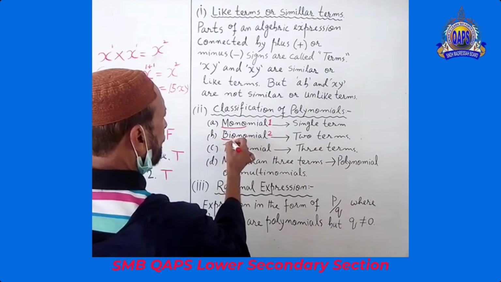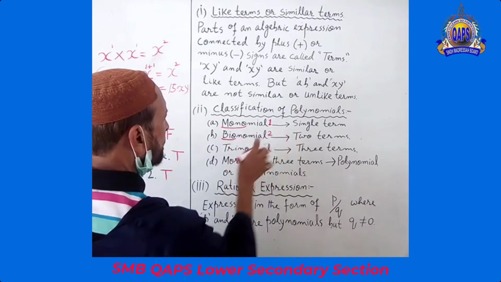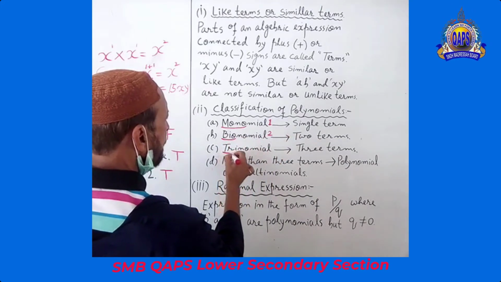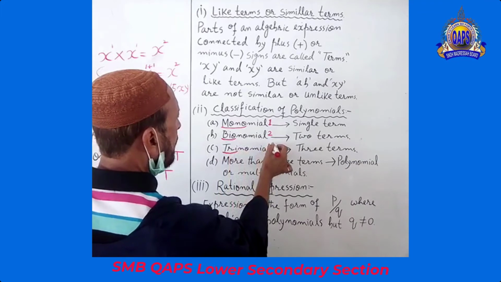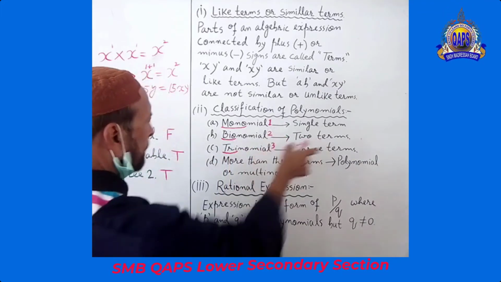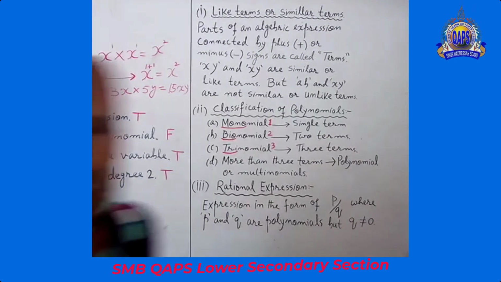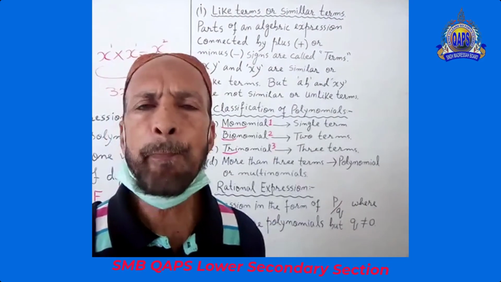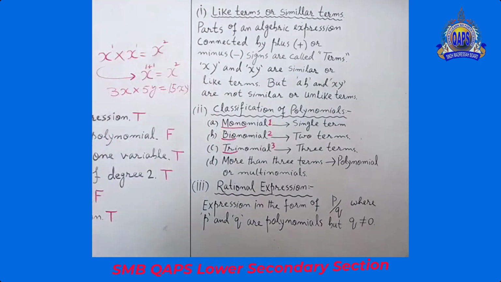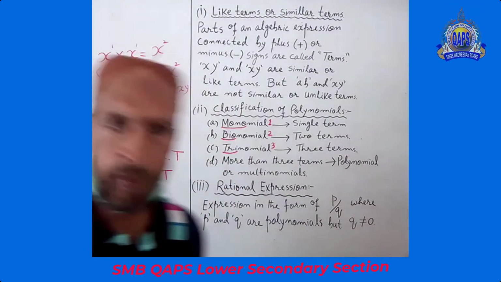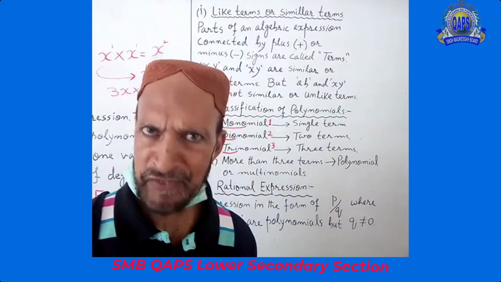Bi, two. Tri, 3 terms. More than 3 terms, simply you can say polynomial or multinomial. Okay? Understand?